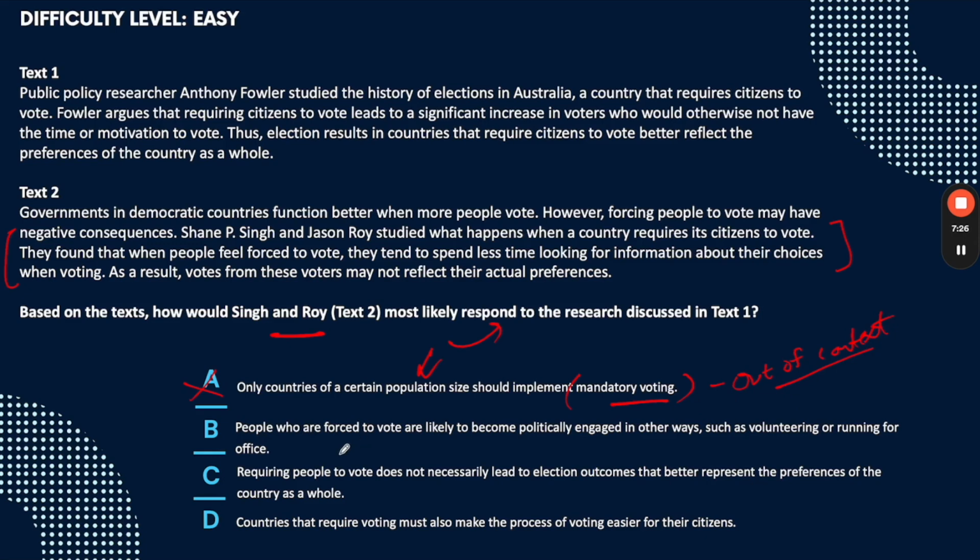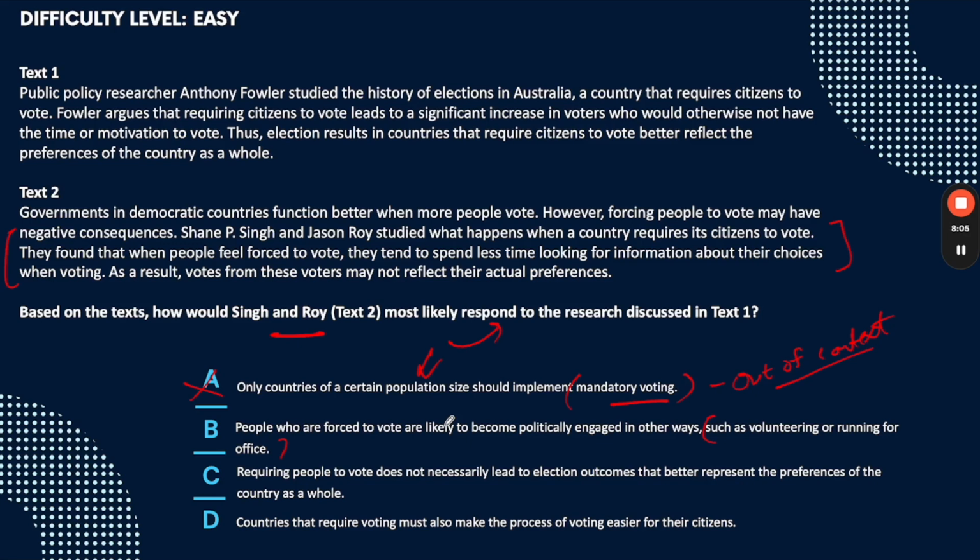Now let's go to B. People who are forced to vote are likely to become politically engaged in other ways. I don't need the examples; I want to understand the main crux of this option. Option B says that Singh and Roy would react by saying that people who are forced to vote will become politically engaged in some ways. But did Singh and Roy mention anything like that in text 2? In fact, if anything, Singh and Roy are saying that people who are forced to vote will not be making a sound decision.